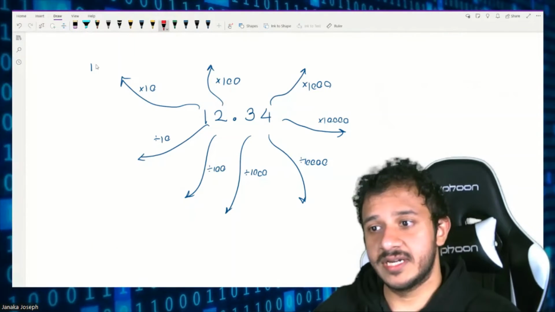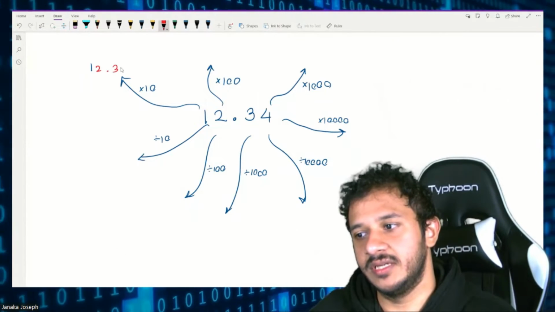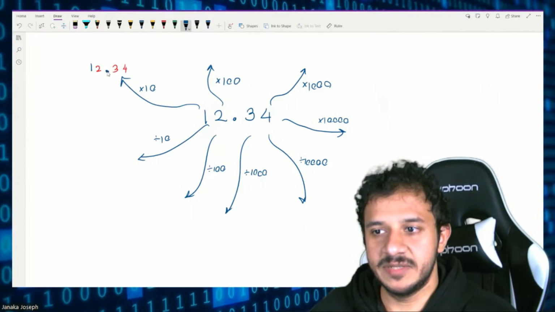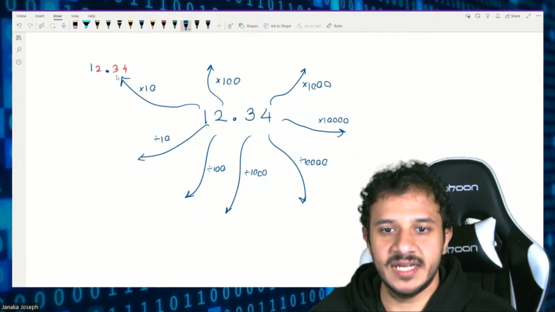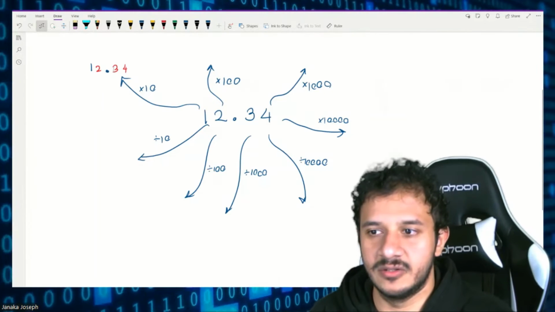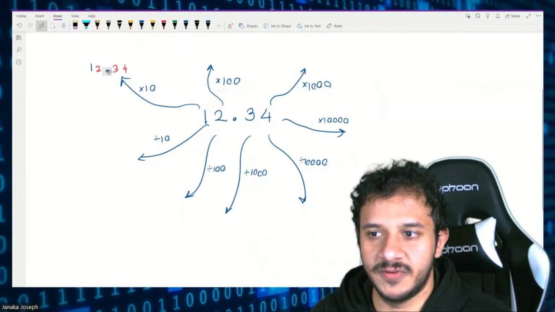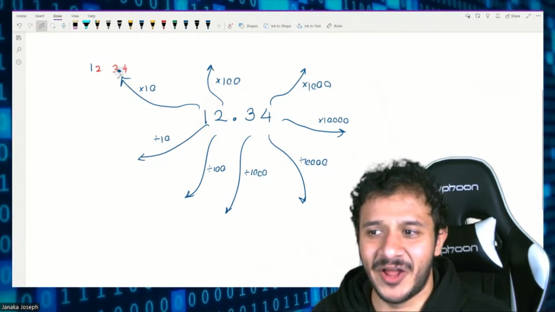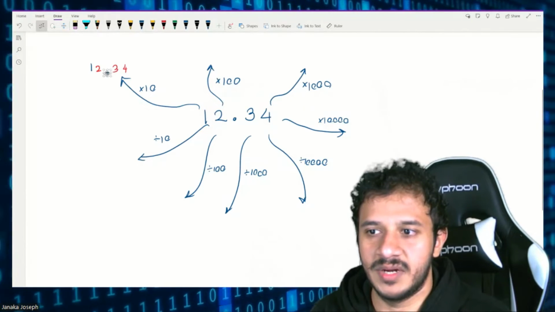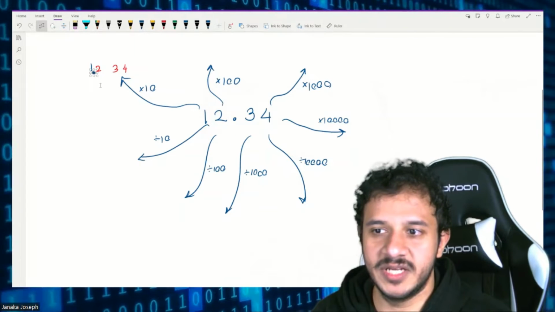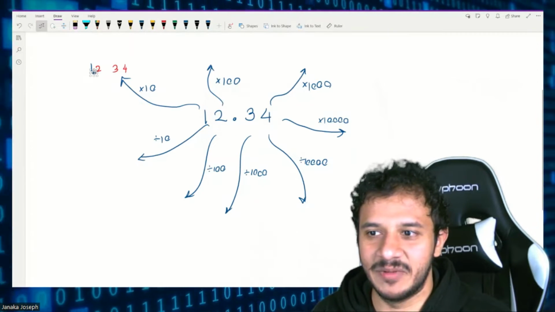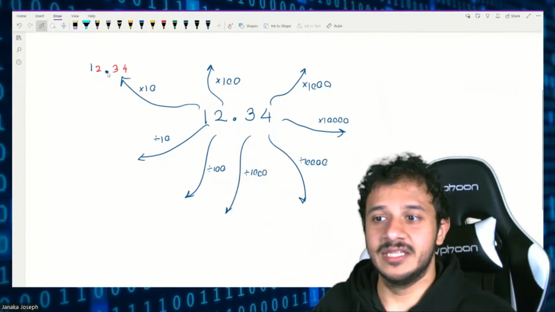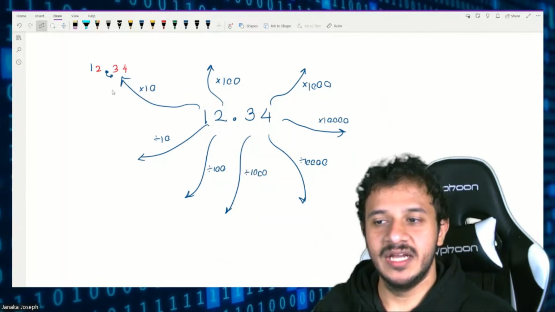So let's write down this 12.34, but it is multiplied by 10, right? Multiplication means should it move to this side or this side? Look at it. If I move this decimal point to here, it will become 123. The number became larger. But if I move this decimal point to here, it becomes just 1 point something. The number became smaller. So because it's a multiplication, the movement will be towards my right hand side.